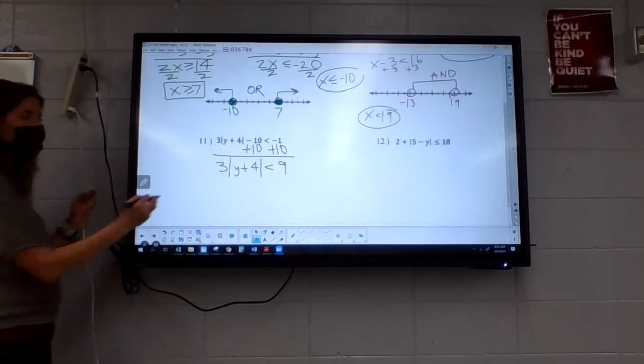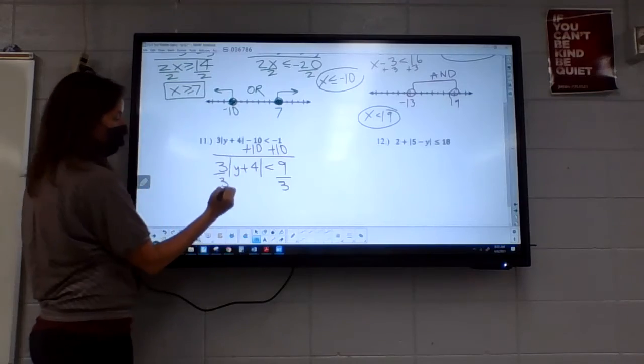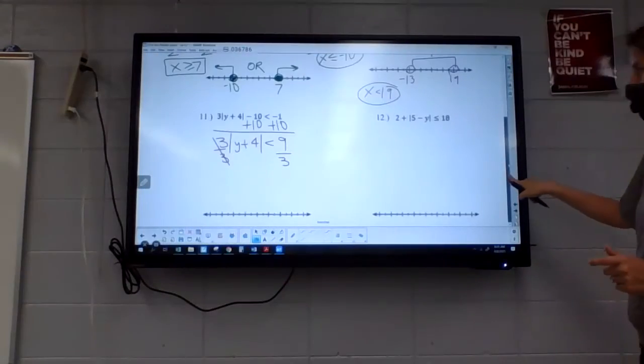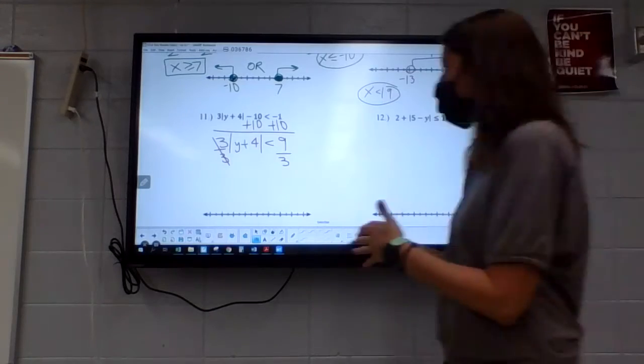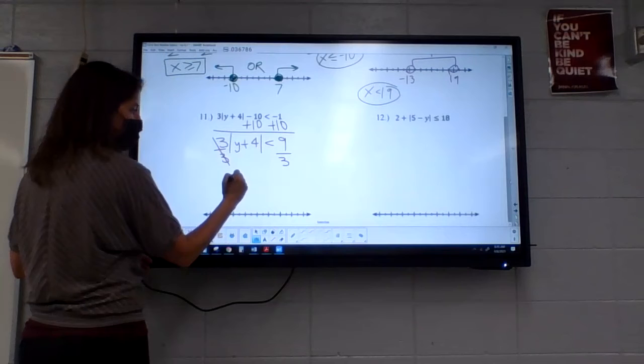Then we're going to get rid of this 3, so we don't want to distribute with absolute value. It works out okay in this case, but it's going to cause issues if you do. I'm going to run out of room here.